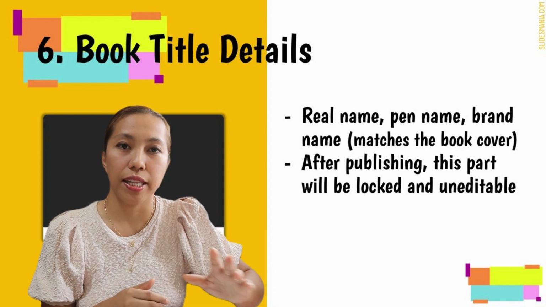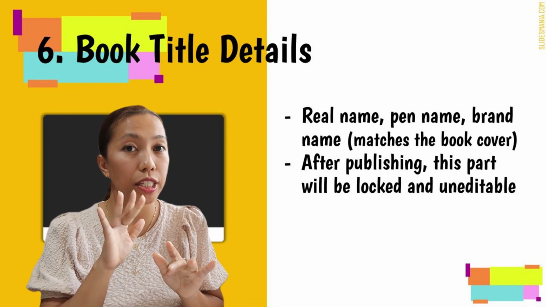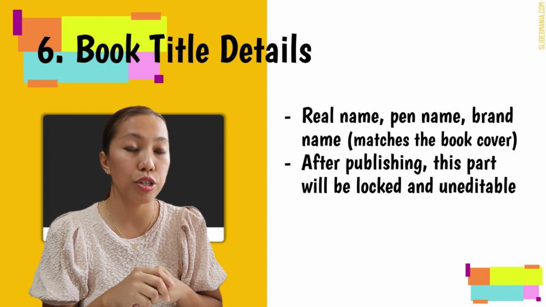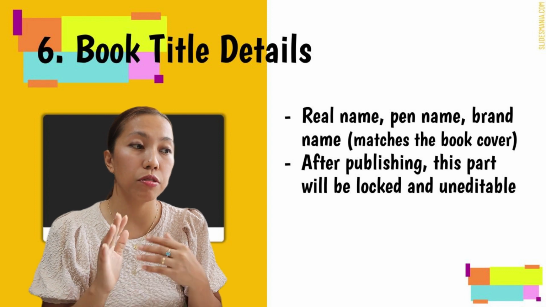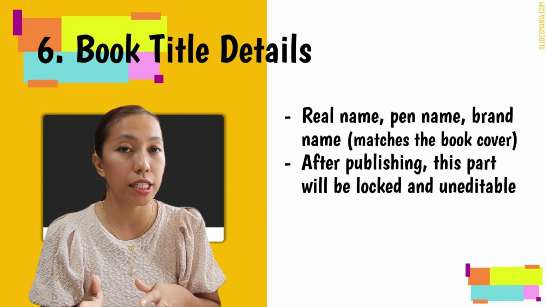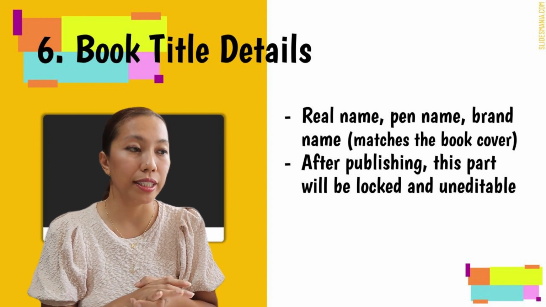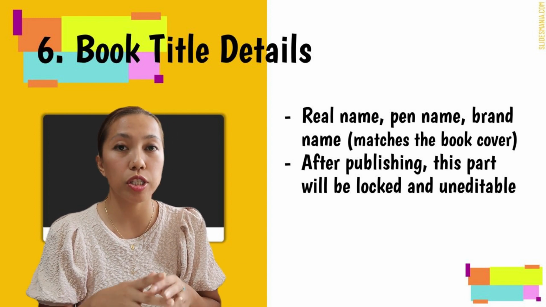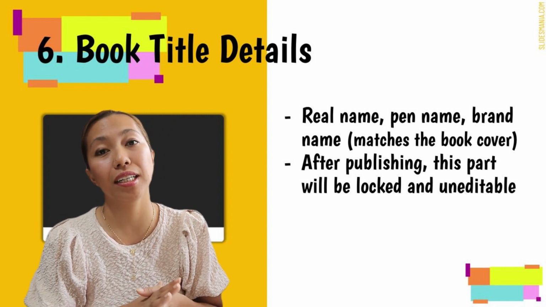Okay, next is the book title details. Again, when you enter your book title details, make sure that it matches the one that you put in your book cover. So if you put your real name in your book cover, make sure in the details it's also your real name, and the same with pen name and brand name. The reason for that is because after publishing, this part will be locked and it will be uneditable.